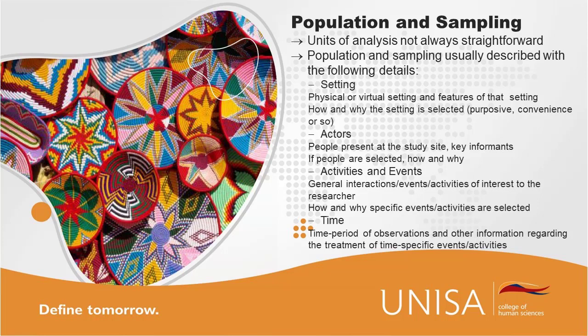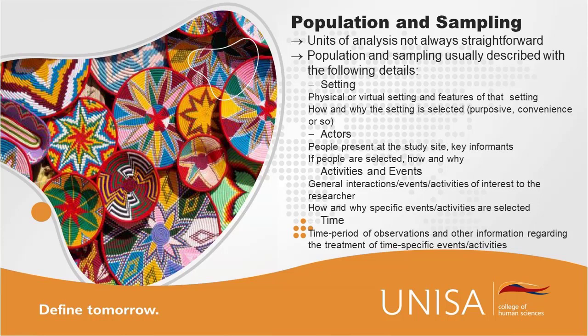Instead of describing the population and sampling strategy like we do for other methods, it's sometimes easier to describe the different sampling units. We can do this by covering the following four things: the setting, the actors, the artifacts, and the time. Let's cover those one by one.